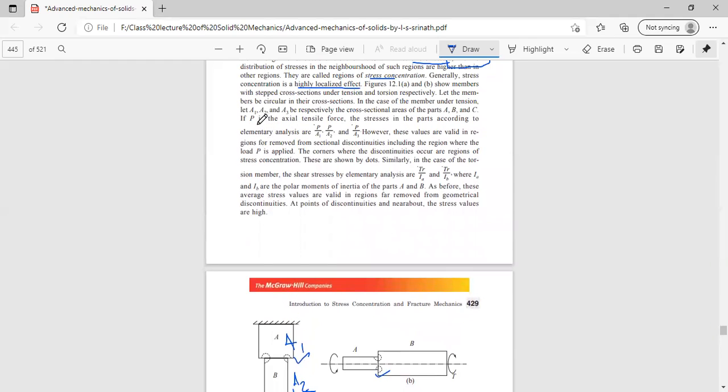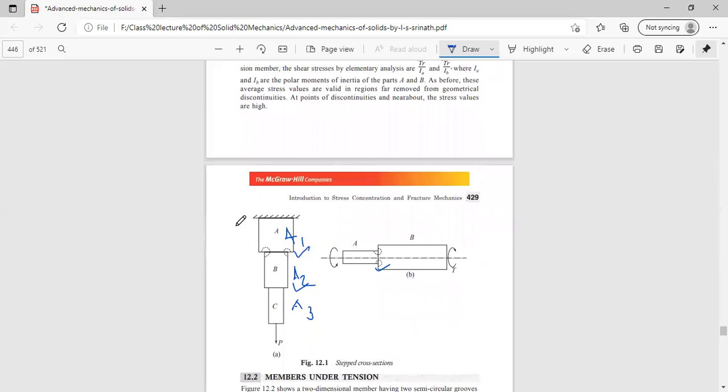Now, if P is the axial tensile force, the stresses in the parts, according to the elementary analysis, are P divided by A1, P divided by A2, and P divided by A3 itself.